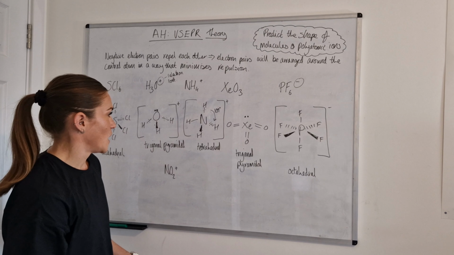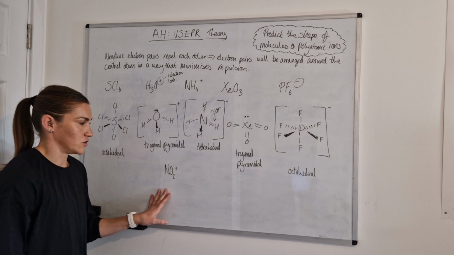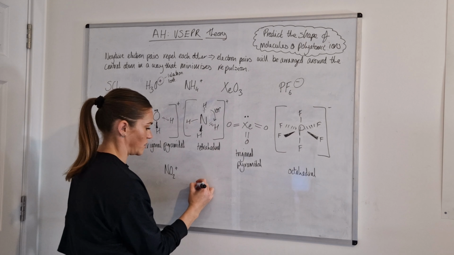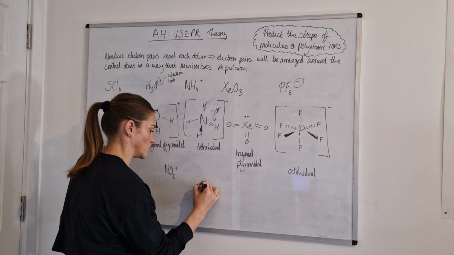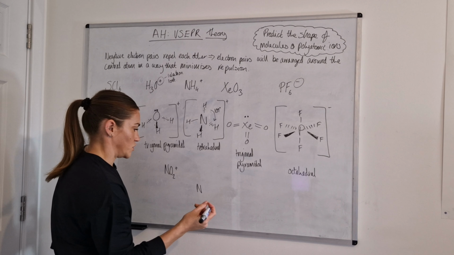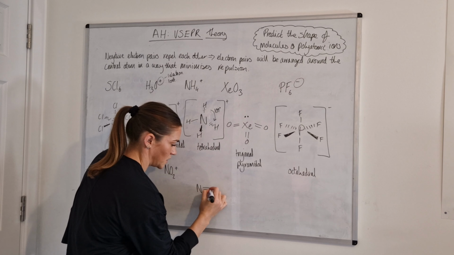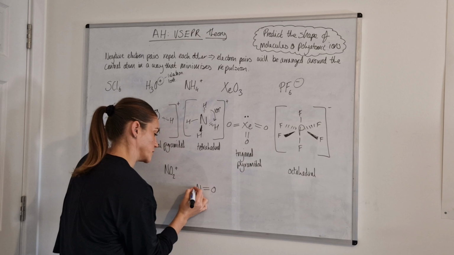Okay, and then I've got one last example down here, the positive nitrogen dioxide. So again, using our National 5 knowledge, we know that nitrogen forms 3 bonds, oxygen normally forms 2, so these are going to be double bonds because the oxygen needs to form the 2 bonds.